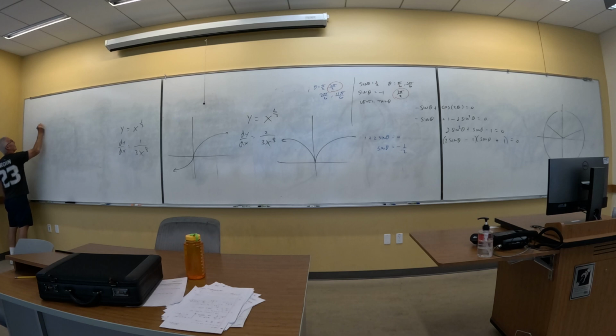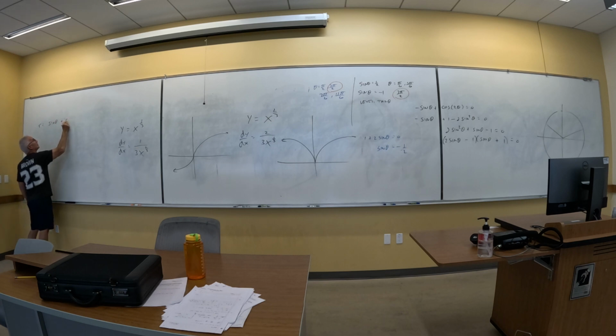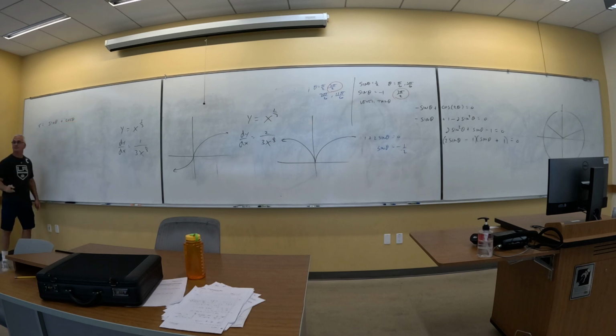Let's suppose that r equals, let's keep it really simple, r is the sine of theta plus the cosine of theta. I would like to find the derivative at every point on this graph. All right, so the first step we did, like last time, is what?